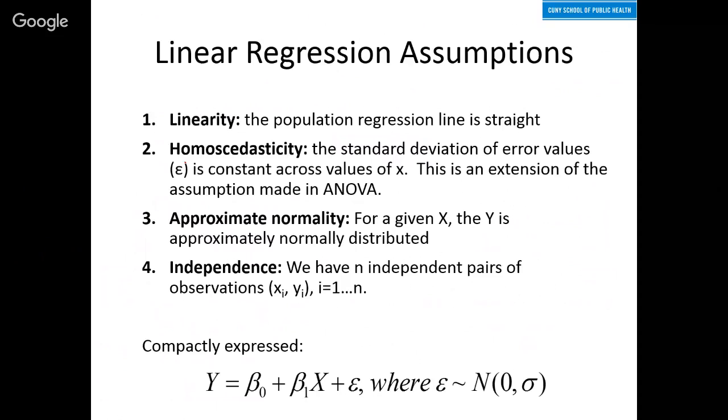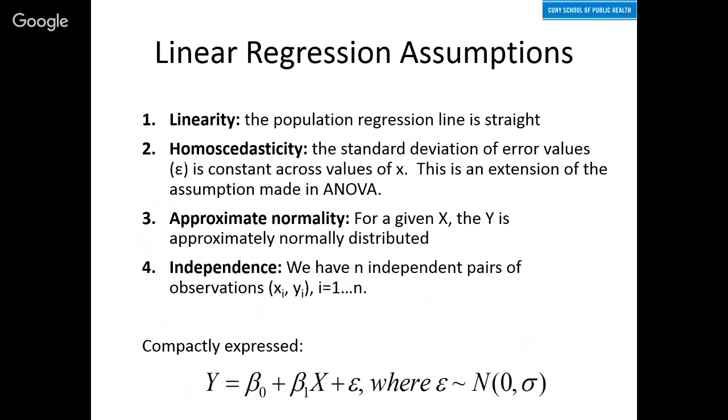But for a given x, y is normally distributed. Another way of saying this is that the errors are normally distributed. You can imagine that if you take a bunch of errors and then add some linear regression line to them, it might no longer be normally distributed, but it's the error term that is normal.